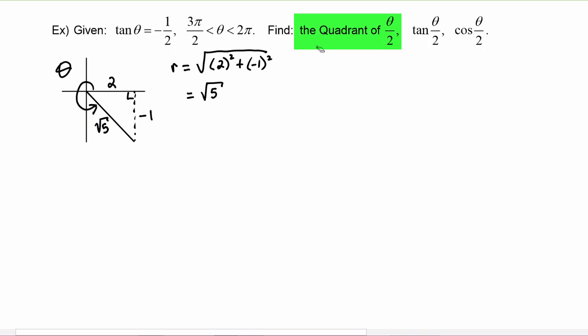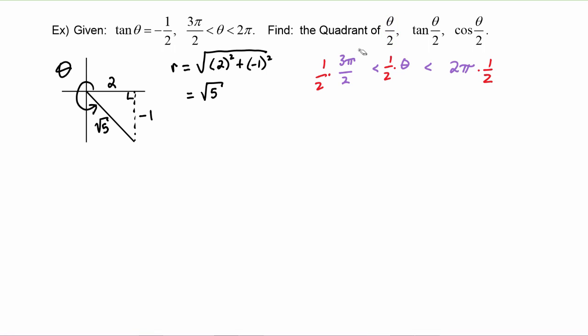To find the quadrant of theta over 2, we'll start with that inequality of 3 pi over 2 is less than theta is less than 2 pi. And because we are interested in theta over 2, we're going to want to multiply each piece of the inequality by 1/2.